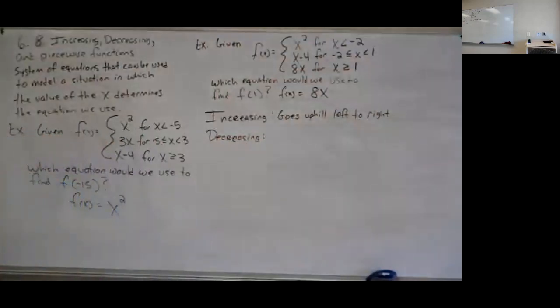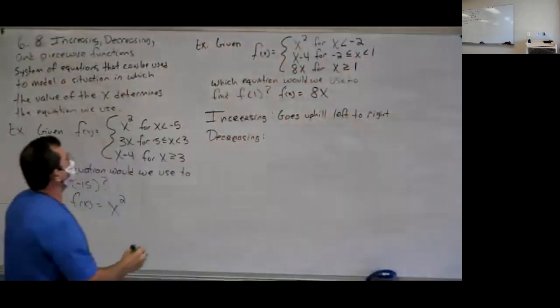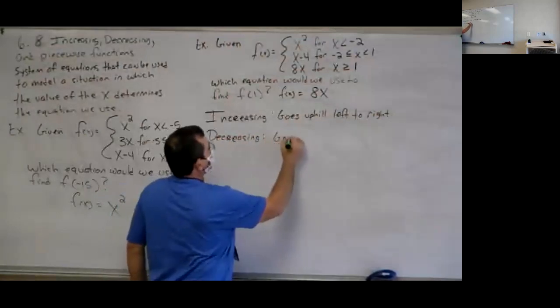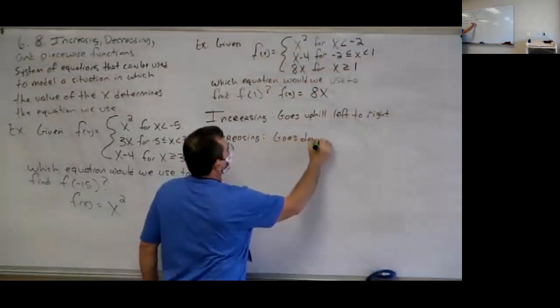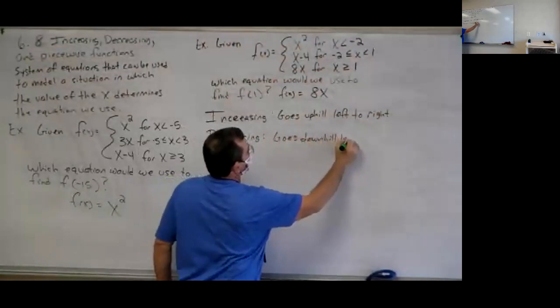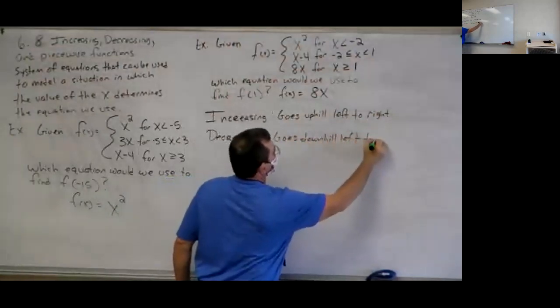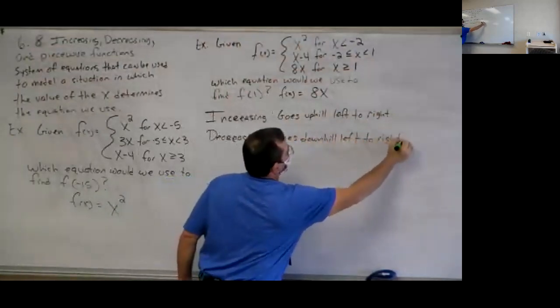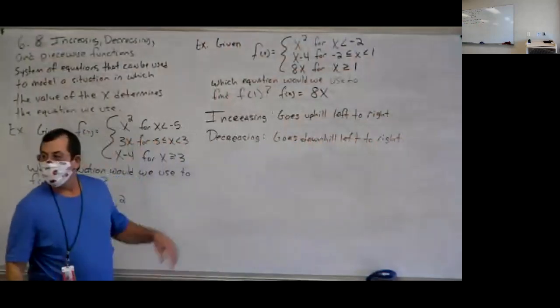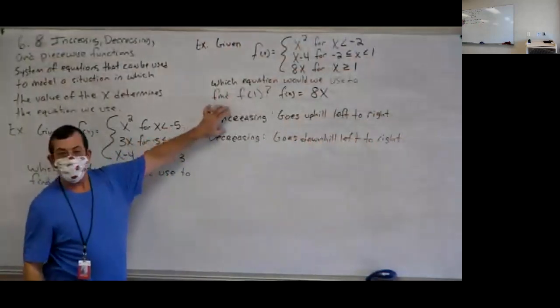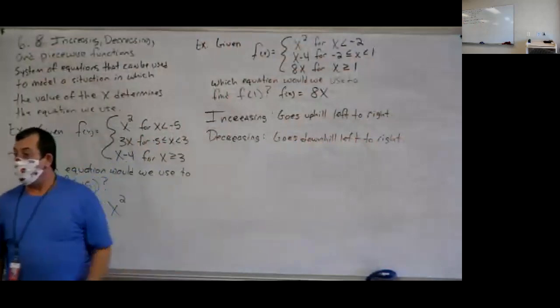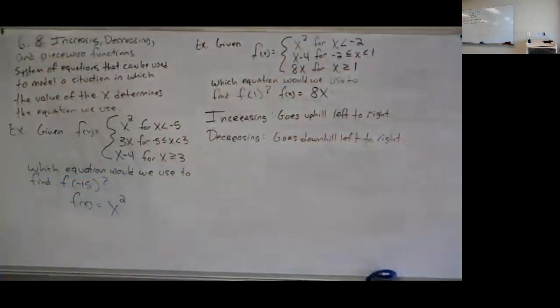Decreasing will go downhill left to right, which means increasing has a positive slope, decreasing will have a negative slope. It's going to go downhill.